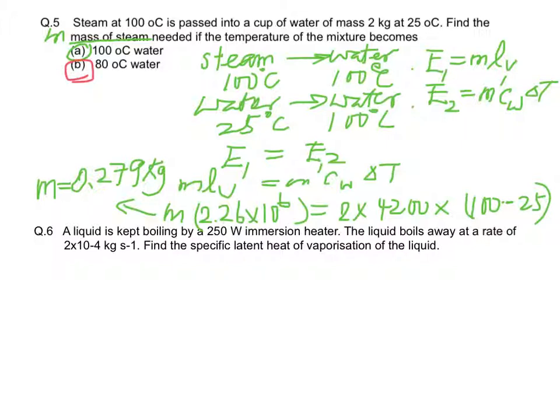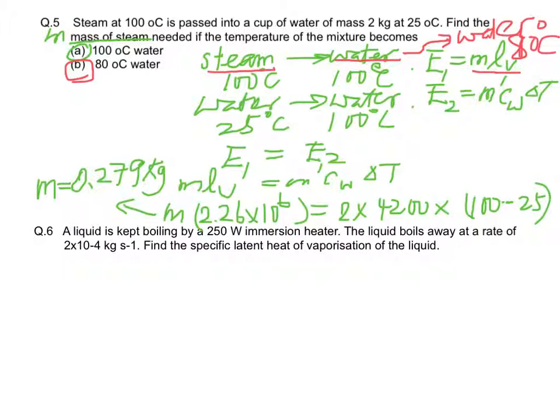For part B, since the final temperature of the mixture is 80 degrees Celsius water, the steam will first change to water at 100 degrees Celsius and release energy mLV. Next, the water will further decrease its temperature from 100 degrees Celsius to 80 degrees Celsius. In this case, there is also energy released.